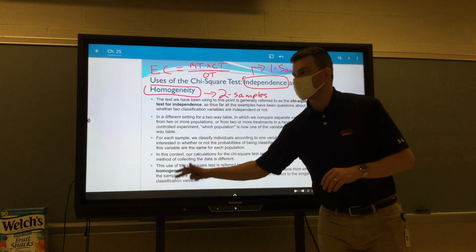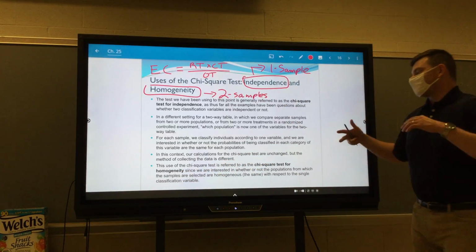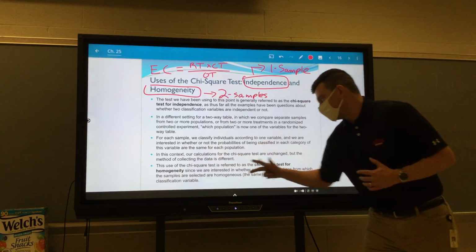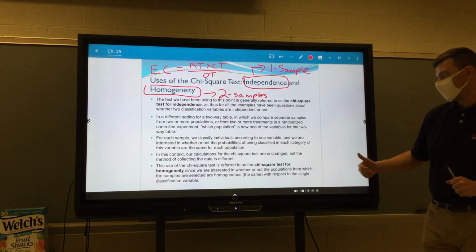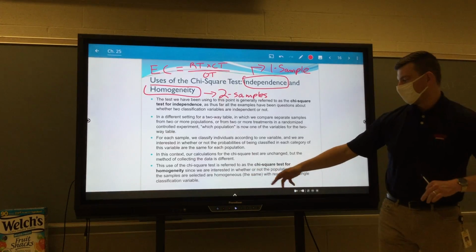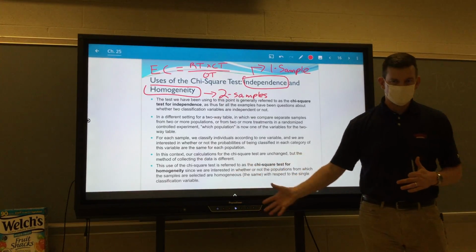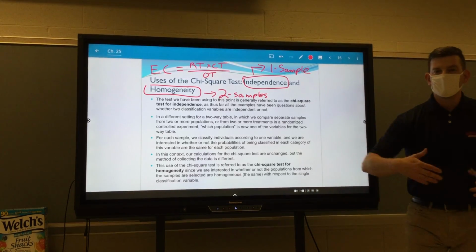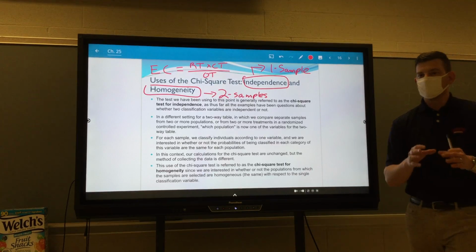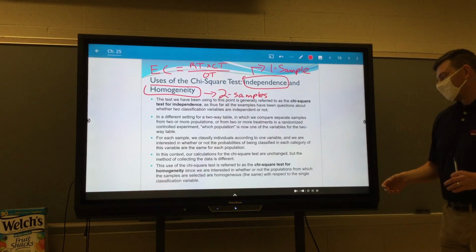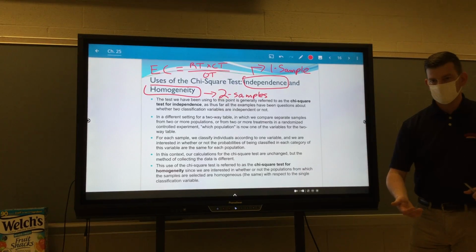We're testing to see if the distribution is the same. So this is referred to as a chi-square test for homogeneity, since we are interested in whether or not the two populations from which the samples are selected are homogeneous, or homogeneous, whichever pronunciation you want. Meaning the same. Do they come from the same population, even though they were obtained separately, with respect to that classification variable?